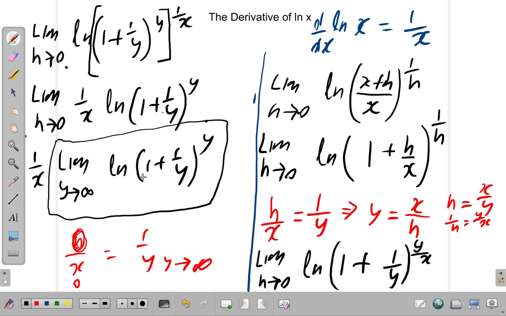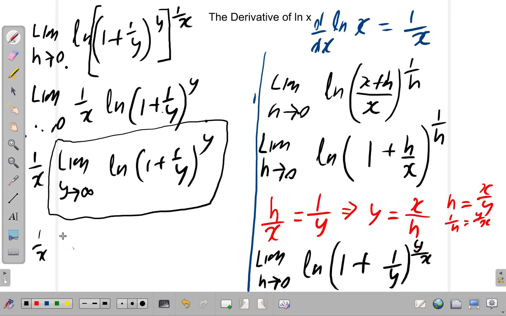Now, if we rewrite this, what we would have is 1 over x times ln e. You see that? As y approaches infinity, this value will approach e.